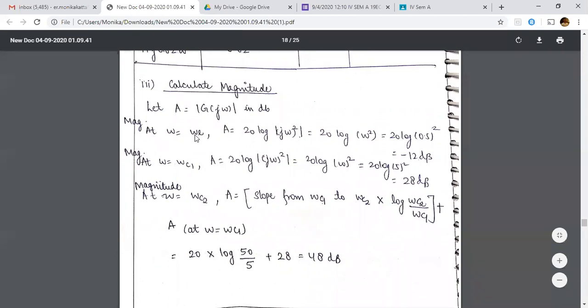You have chosen any frequency lower than omega C1, 0.5 radians per second. So how will you calculate the magnitude at omega L? You will write 20 log 10 of the magnitude of (j omega) whole square, which is 20 log omega square, which is 20 log 0.5 square, and you will get minus 12 dB.